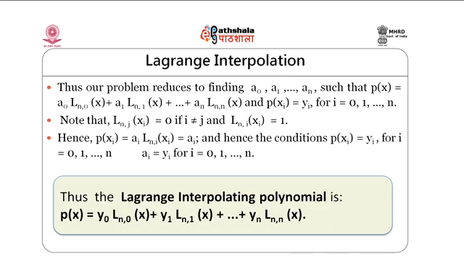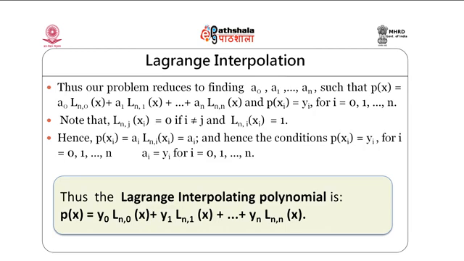Hence, if you now substitute these values x_0, x_1, x_2, ..., x_n in the P(x) representation, then we will see that P(x_i) will be equal to a_i times l_{n,i}(x_i), which is equal to a_i.